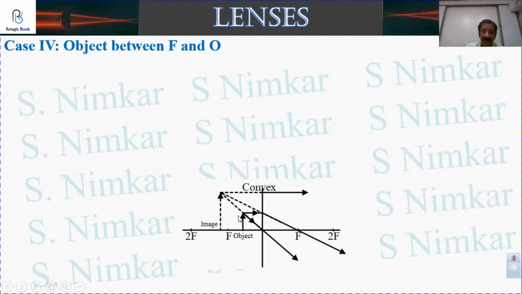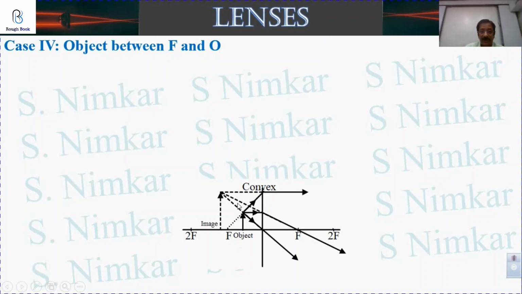If it doesn't, then this line, when produced further, wherever it cuts the focal plane, please shift the focus to that point. So once again I am telling you, for drawing ray diagram, 2 rays are sufficient. If the third ray is asked, then you can draw 3 rays.